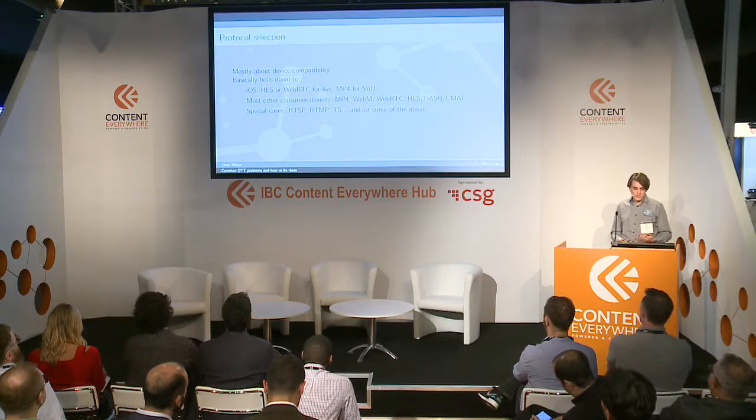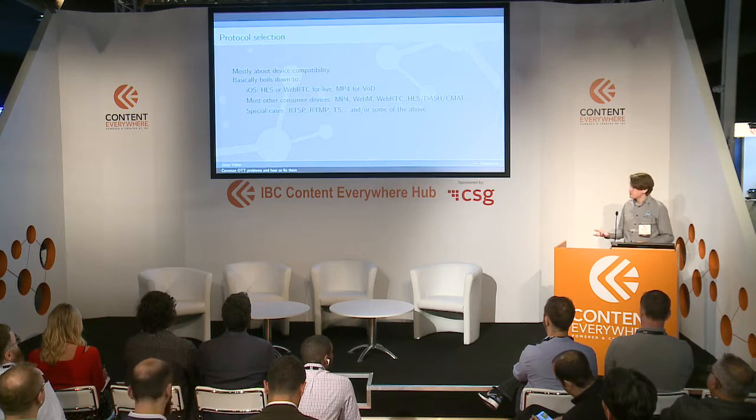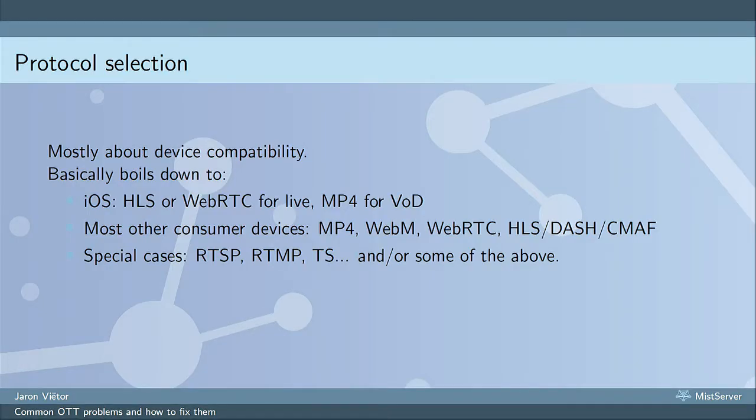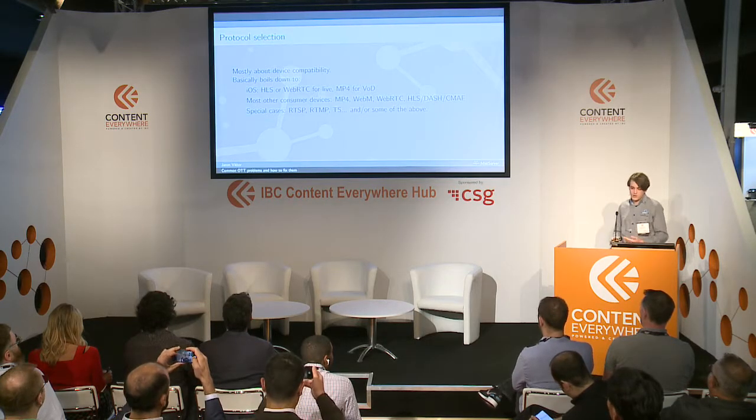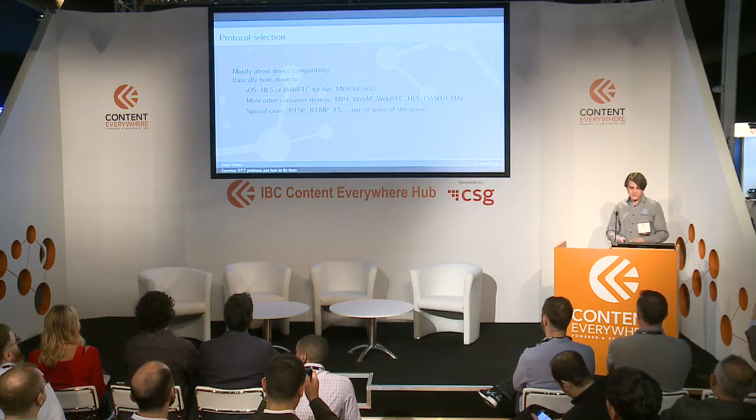And this decision basically boils down to, if you are targeting iOS, you're using HLS or WebRTC for live, because those are the only two that Apple will allow for live on iOS. And for VOD, you tend to do MP4, because that does work and it's a bit easier to work with. Though you could do VOD over HLS or WebRTC if you really wanted to.